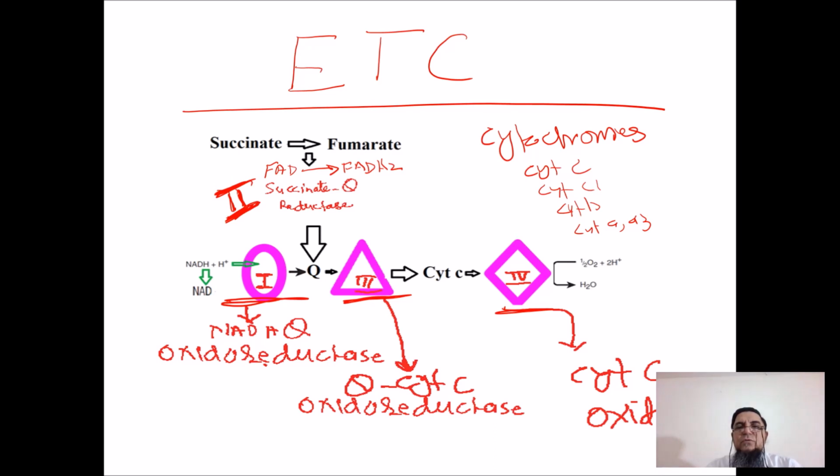In addition to the cytochromes, the electron transport chain has the entry of NADH, the hydrogen of NADH, and then coenzyme Q. Coenzyme Q is called ubiquinone, a ubiquitous enzyme present everywhere in the body.